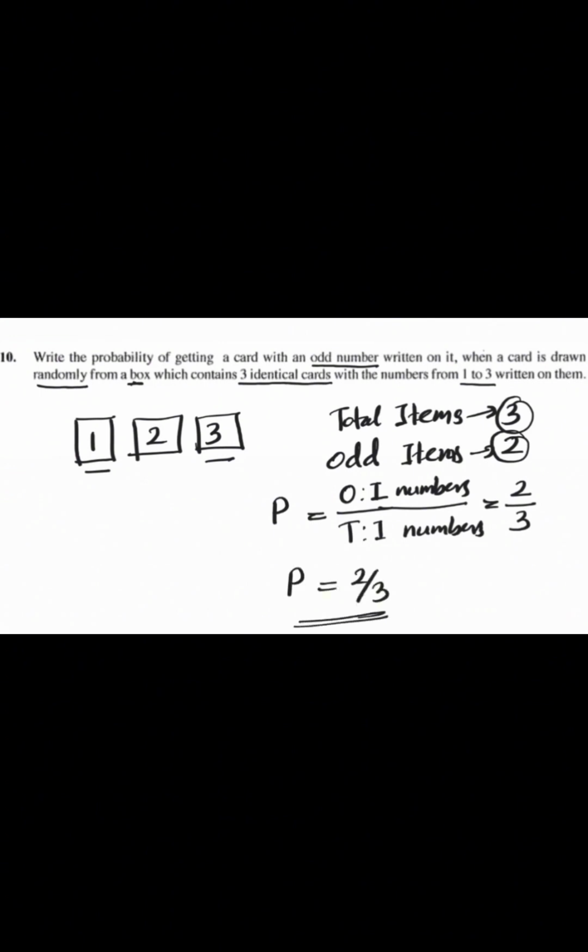The probability will be odd items numbers divided by the total item numbers, where the odd you have 2, the total you have 3, then the probability will be 2 divided by 3. That is the answer for the 10th question.